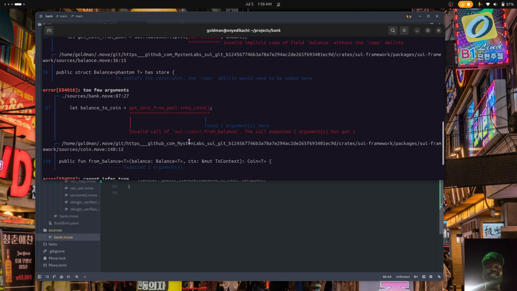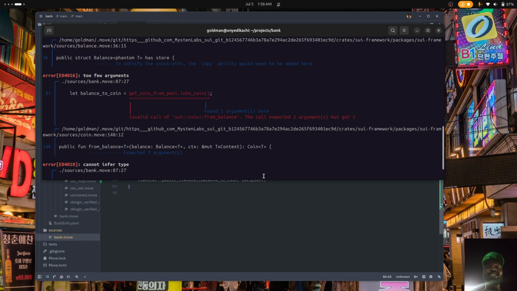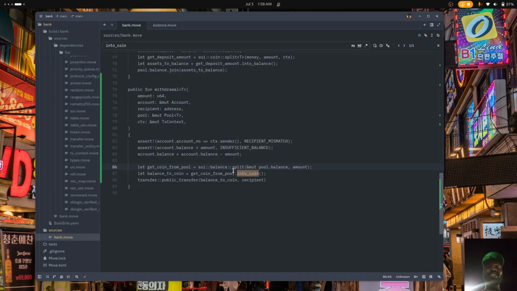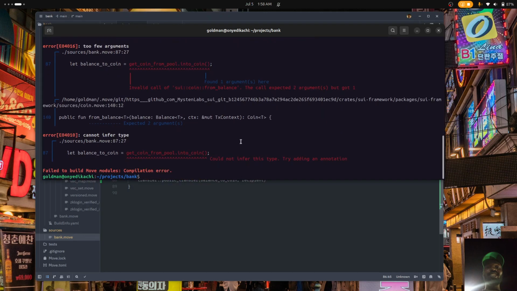So then, invalid sui. Expected one, got the coin. From balance. Kind of looking at this.